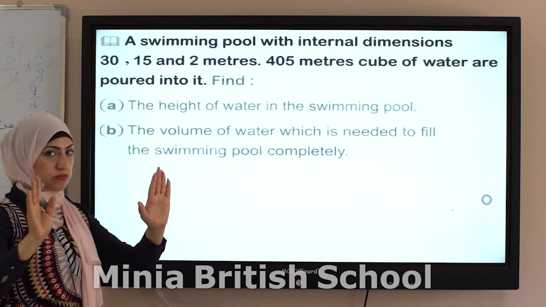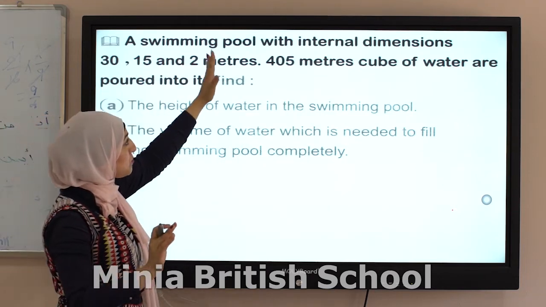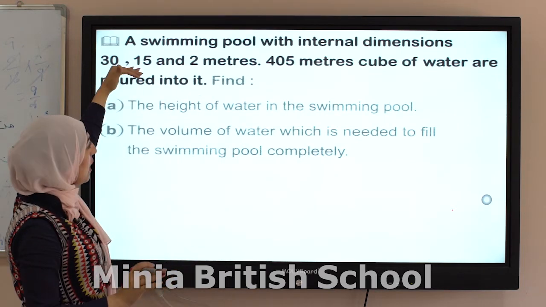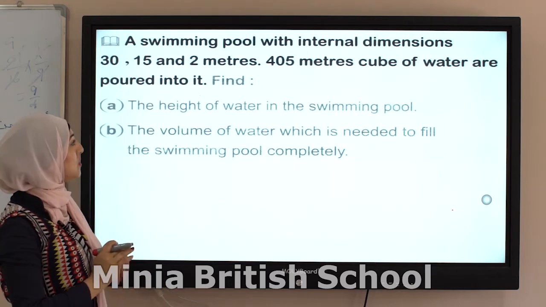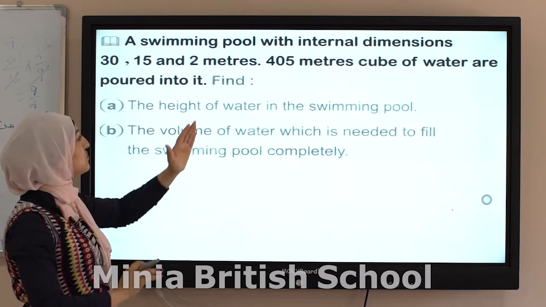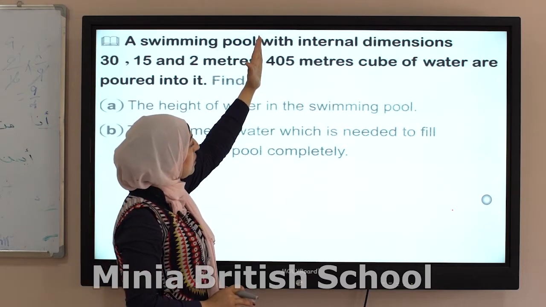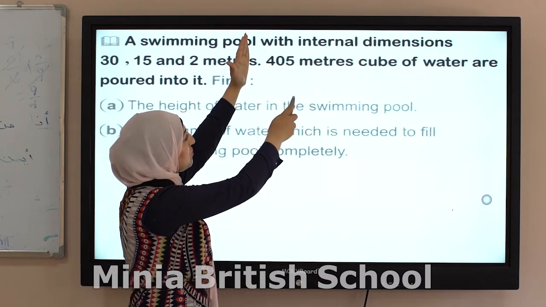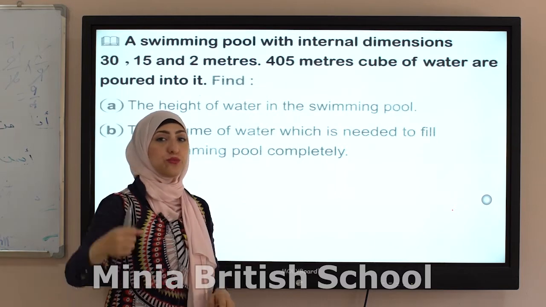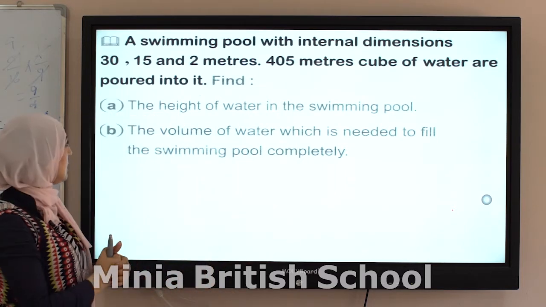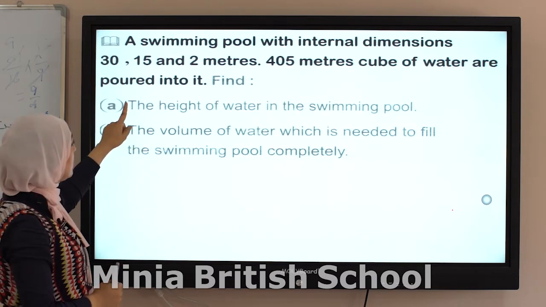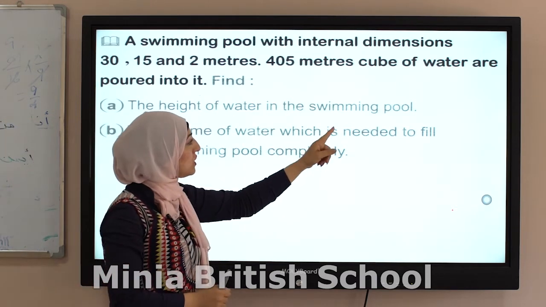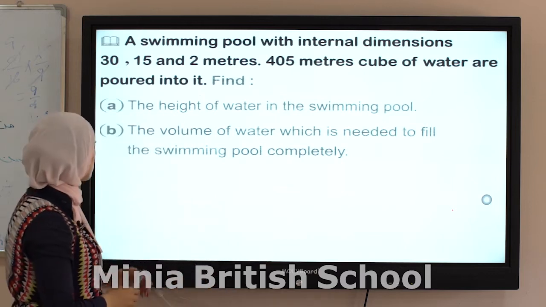So pay attention here. The swimming pool has these dimensions. Okay? Then stop here. Then 405 meters cube of water poured inside it. Okay? So find the height of water in the swimming pool.